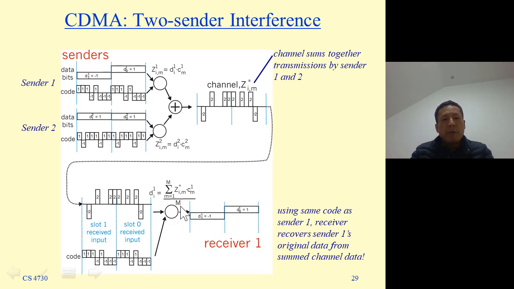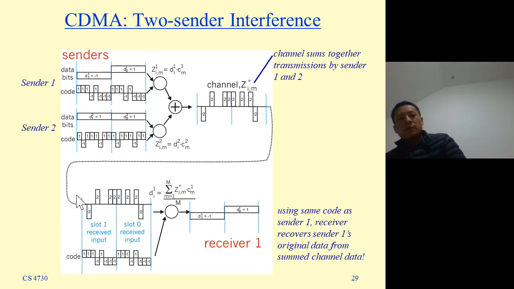That's the exact same information you sent out from sender 1, which is slot 1 you send -1, slot 0 you send positive 1. So you are able to recover the information. Similarly, receiver 2 or all the other receivers that share the channel are able to recover their own information out of the combined waveform on the channel.